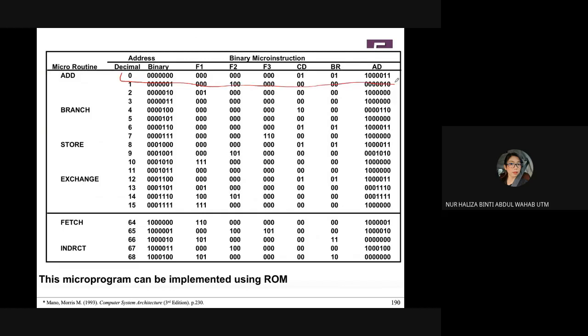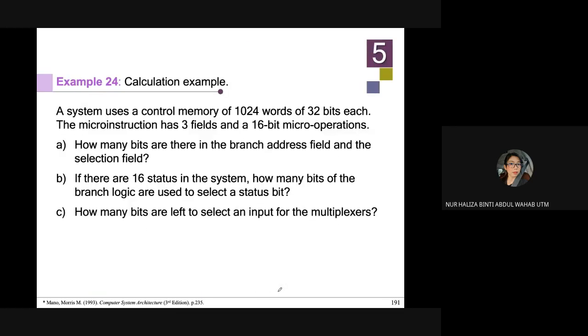So you will come out with this code, combination codes. So this is the micro instruction in terms of the codes or a binary form. So this micro program can be implemented using your ROM. Your ROM, your RAM, later on you're going to look into our module 6.